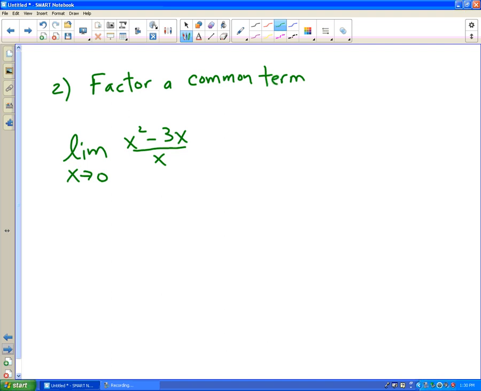So the limit of the function x squared minus 3x over x as x approaches 0. Here we can't plug in 0 because if we did, we'd have 0 over 0, what's called indeterminate form, something that doesn't mean anything at all. So we're going to take the rational function and try to find another way to express it.